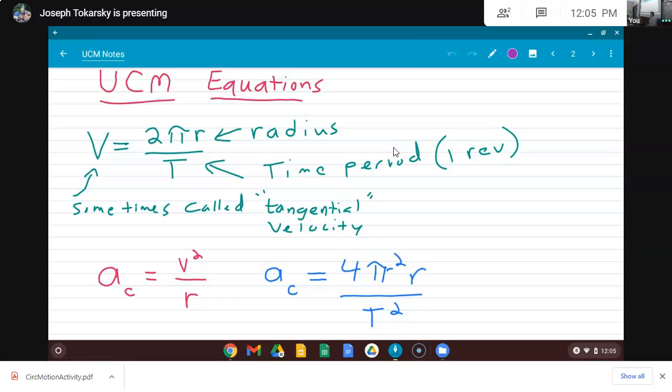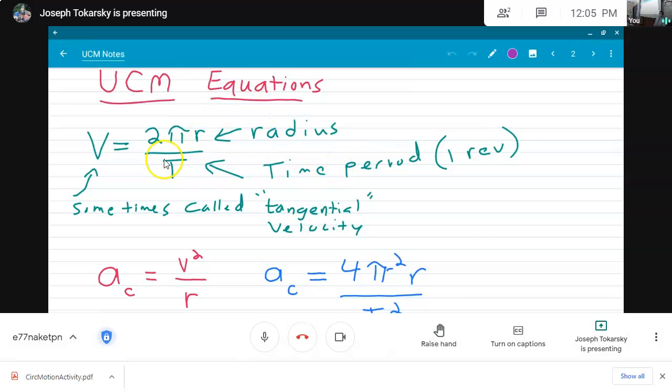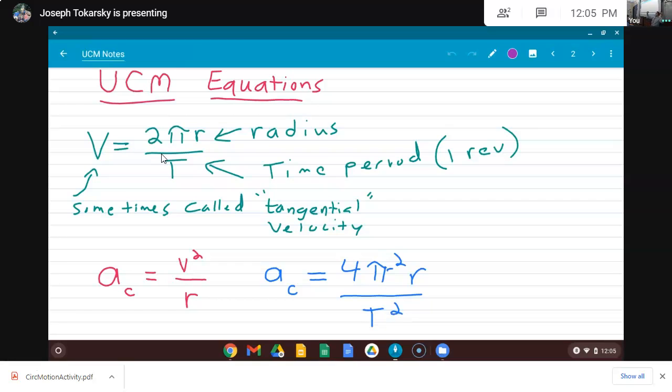V equals d over t, right? Well, it might not look like it, but this is really v equals d over t. Just for a circle. What do we call the measurement of the outer path of a circle, geometrically? Krish? The circumference, right?